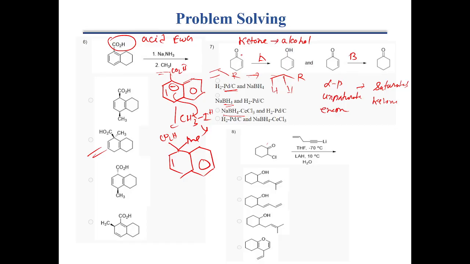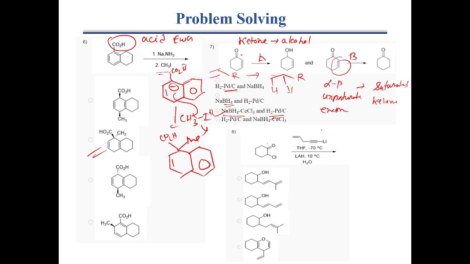It only reduces this ketone to alcohol under the Luche reduction condition, and hydrogen palladium on carbon only reduces this double bond, alkene to alkane. So the right answer is this one.